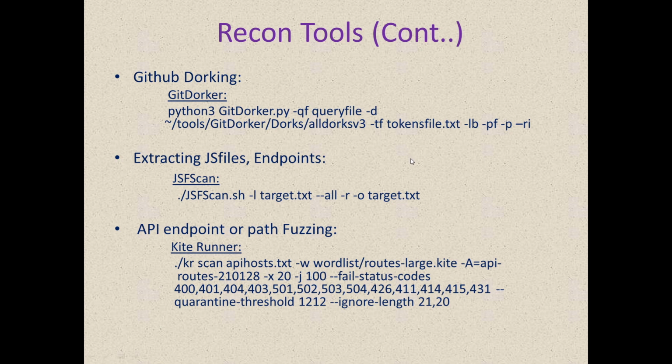You can run those endpoints on all other subdomains and see if you're getting any successful response back. And you can also create a whole list just by grepping all the common generated URLs using this tool, which is JSFScan. You can get JS files, endpoints, URLs, everything by just using this simple tool.